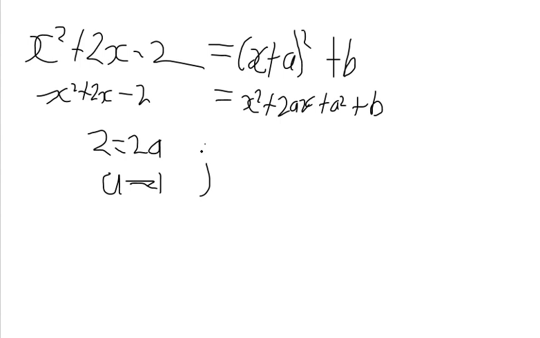Right, now we need to solve for b. On the right hand side we see that our constant is a squared plus b, and on the left hand side it's minus 2. So we're going to say minus 2 equal to a squared plus b.